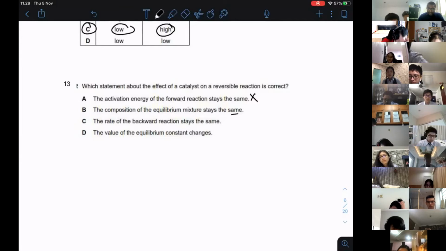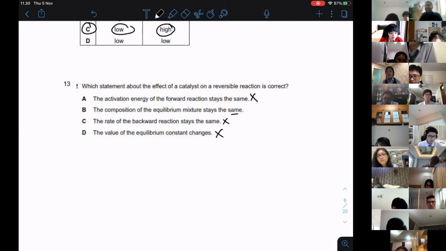Rate of backward reaction stays the same? No, the rate of both is going to increase. The value of the equilibrium constant changes? No, it only changes with temperature. So the composition of the mixture stays the same. Imagine at equilibrium, in the ICE table, E is 432. If you add a catalyst, the equilibrium is still going to be 432. That is what they mean by same. It's not equal, it tells us it's constant. So the answer is B.